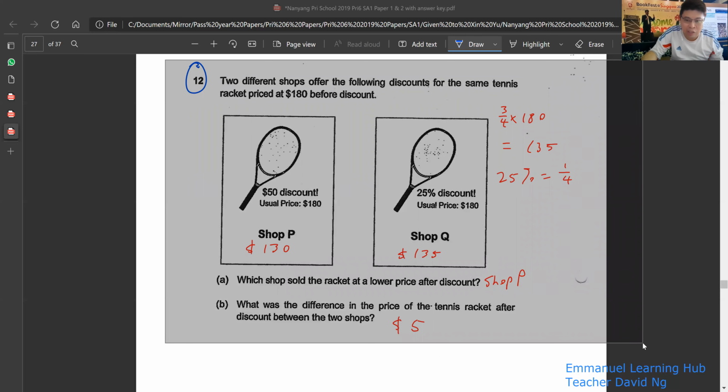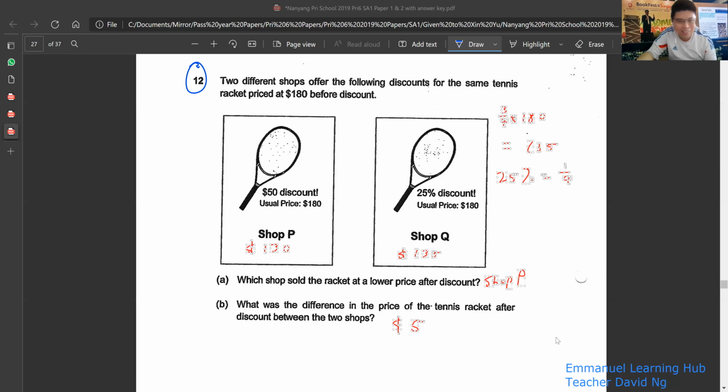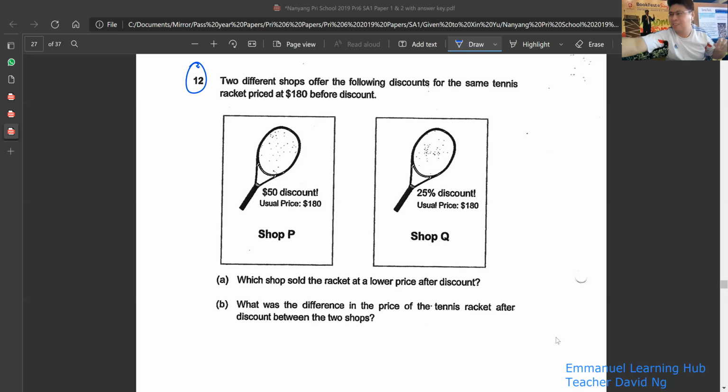Is this question very easy? How come my explanation seems very easy? Because I don't work with percentage. I work with fraction. I change my percentage to fraction.